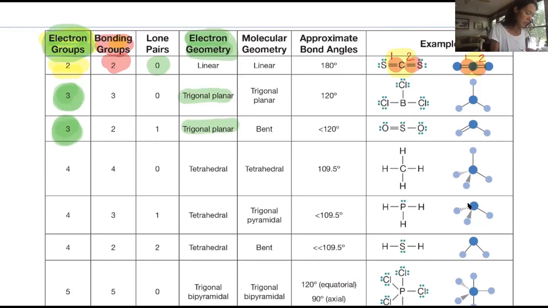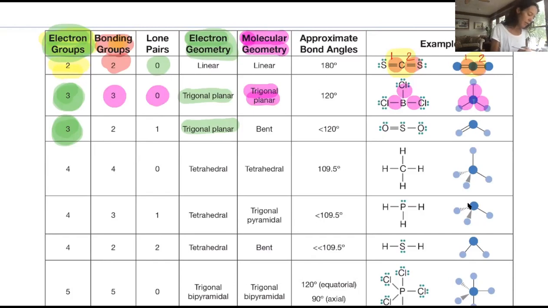More specific is the number within those three. Here all of them are bonding and none are non-bonding. I've got three bonding sites and no lone pairs around the central atom. That relates to a molecular geometry that is also trigonal planar.